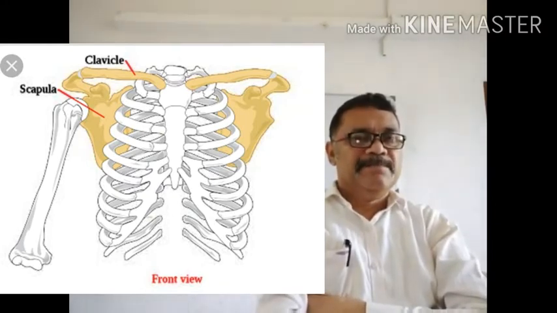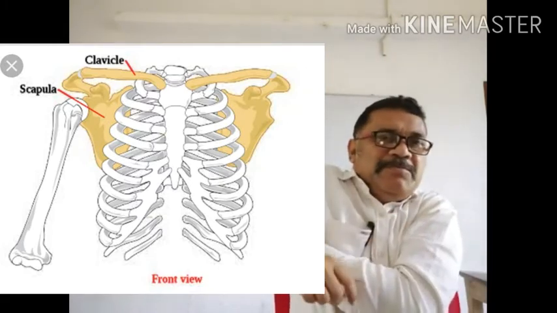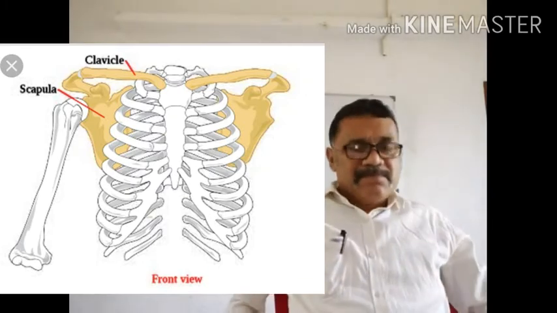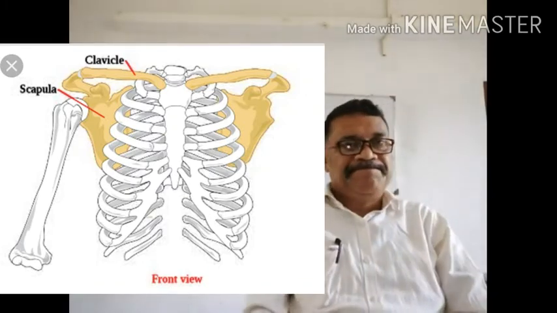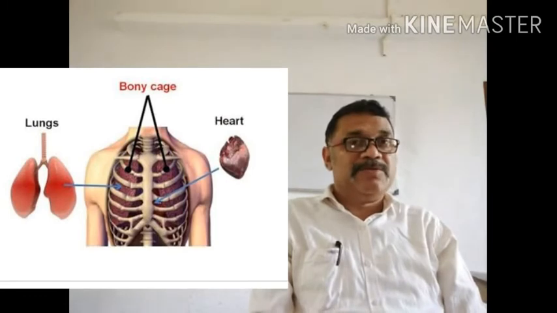Clavicle, this bone is clavicle, which is called collarbone, and if you do like this, you will see one bone comes out, that is scapula and coracoid. It protects our delicate organs. It helps us to raise our hand, etc. Our rib cage is also a little bit protected by this pectoral girdle. Within the rib cage, heart and lungs are protected, most of the delicate organs.